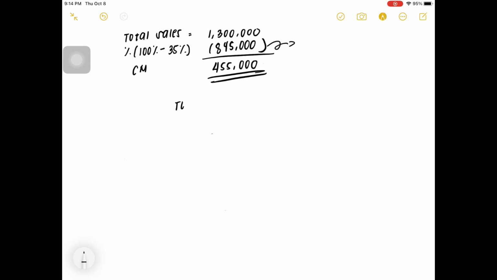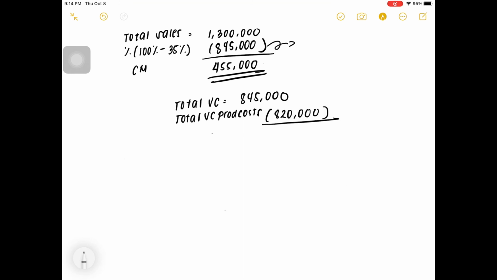So now let's focus on this one. So total variable cost is 845,000. And we already computed the total variable production cost, which is 820,000. So we're going to be left with the total variable selling cost, which is 25,000.